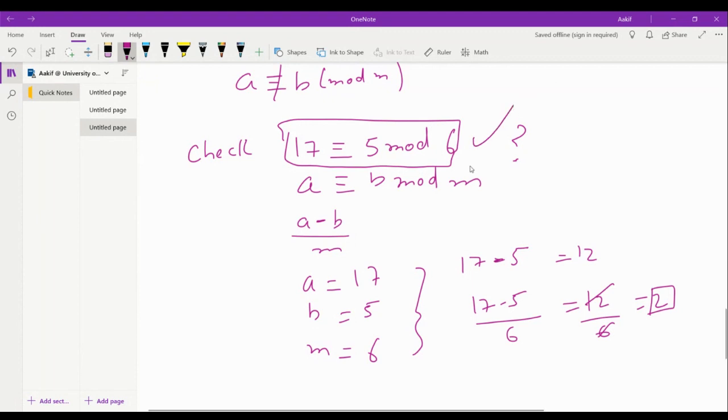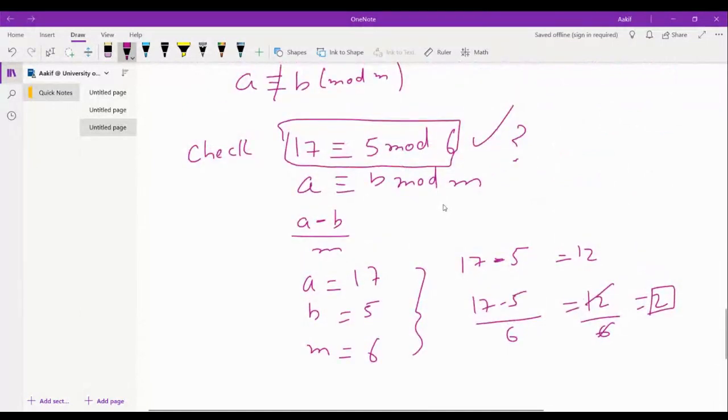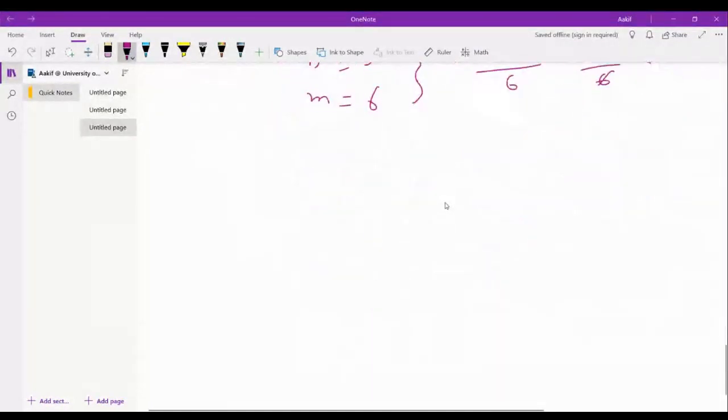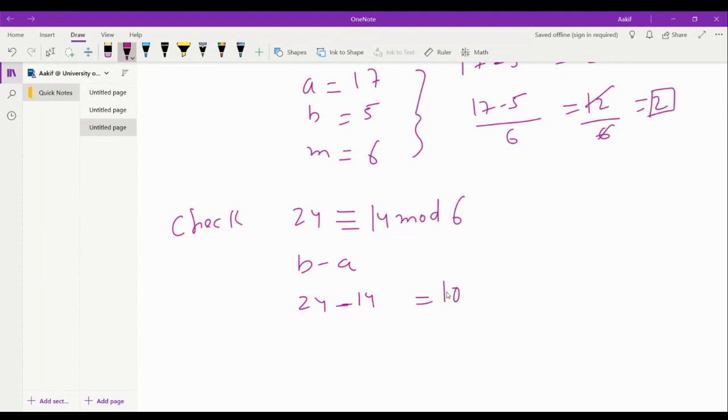Now let's check for another problem. We have to check whether 24 is congruent to 14 mod 6. So in this case, B minus A will be equal to 24 minus 14, which is equal to 10.